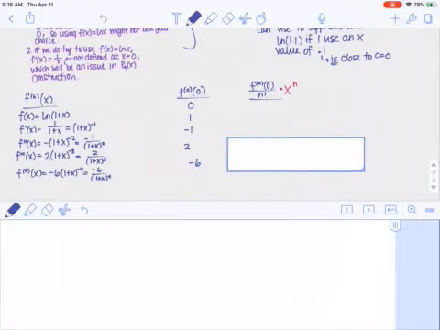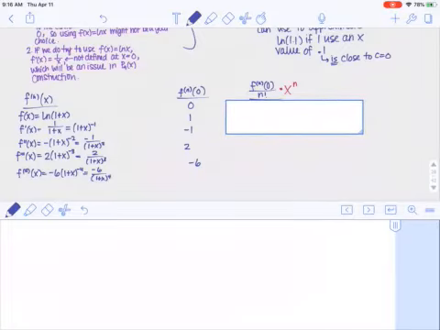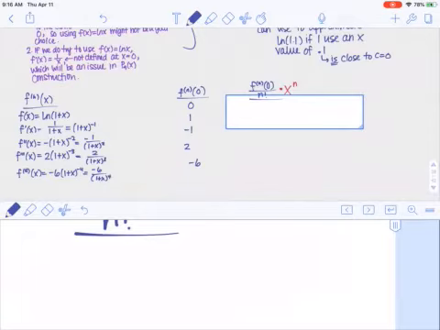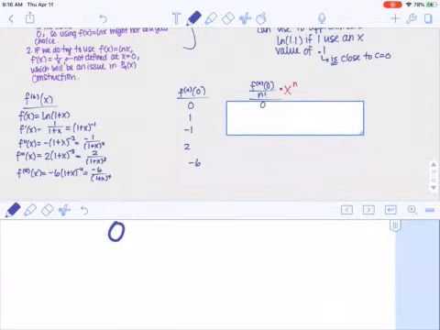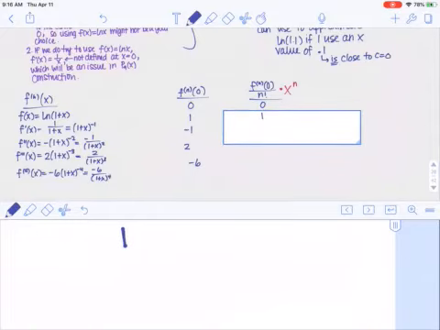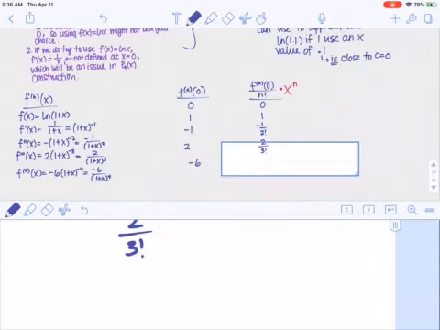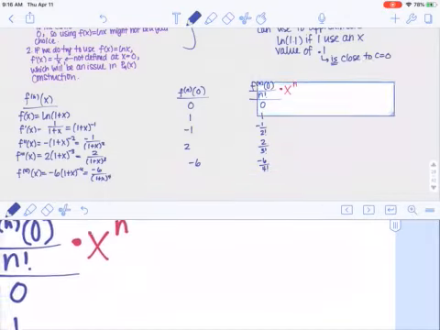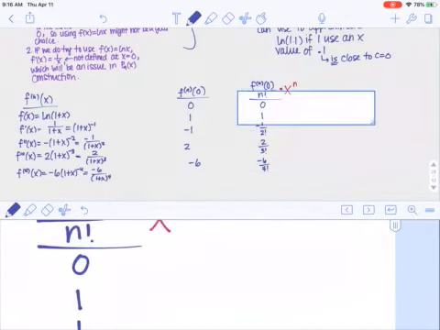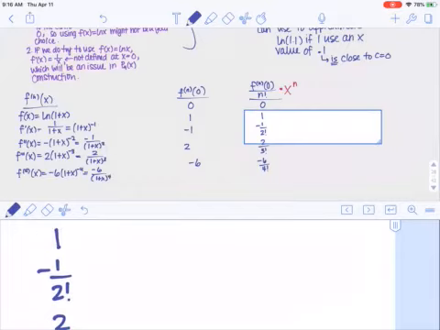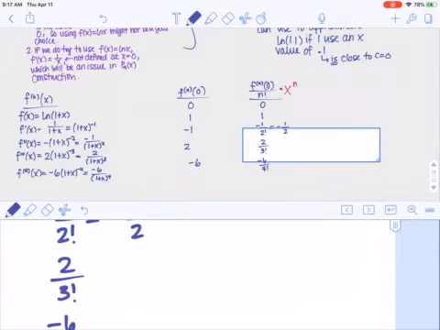These are not my coefficients though, right? I still have to go over here. I know if I do 0 divided by 0 factorial, it's still going to be 0. 1 divided by 1 factorial is 1. Then I'm going to have negative 1 over 2 factorial, 2 over 3 factorial, and negative 6 over 4 factorial. These are all my coefficients, and they're going to go with my powers of x. If I want to, I could simplify this because I'm not looking for a pattern.